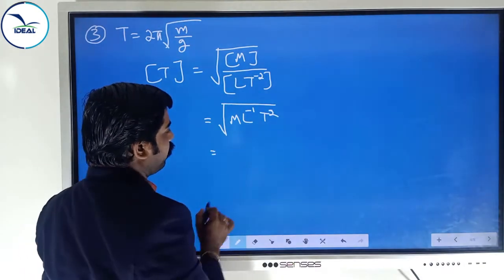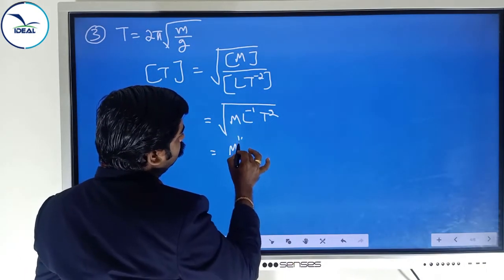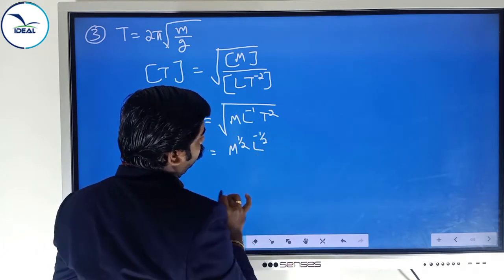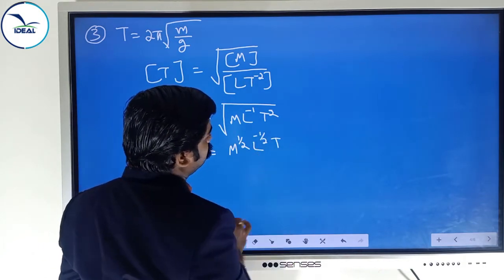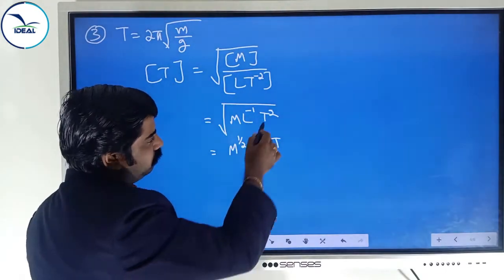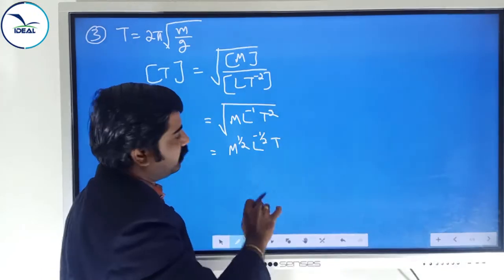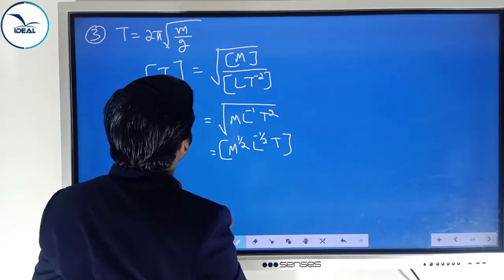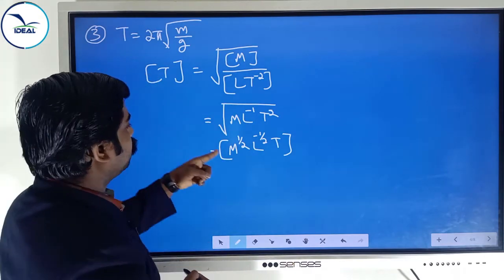So we can write it as M raised to 1 by 2, L raised to minus 1 by 2, and T raised to, root of T square is T itself. Likewise we can represent.